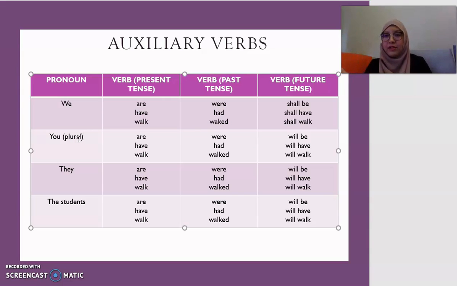Like when I talk to my students, there are many students in the class, you still say you. You are, you have, and you walk, no S. Same as they and the students, plural. They are, they have, they walk. The students are, the students have, the students walk. So this is a good chart for you to follow.